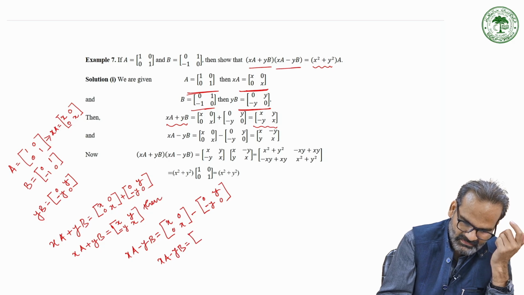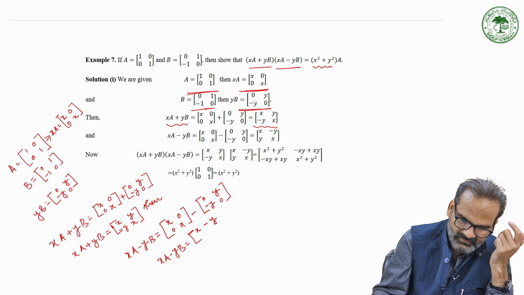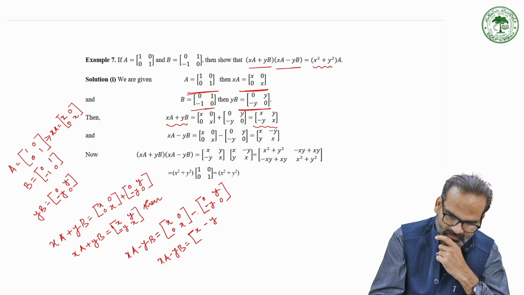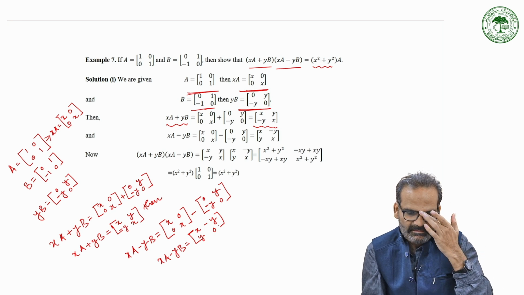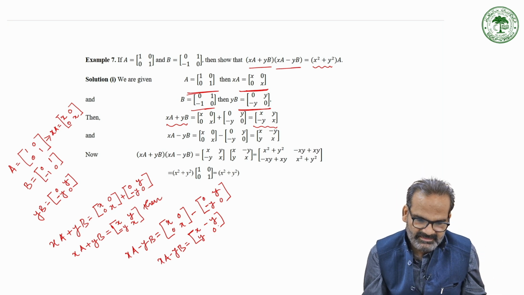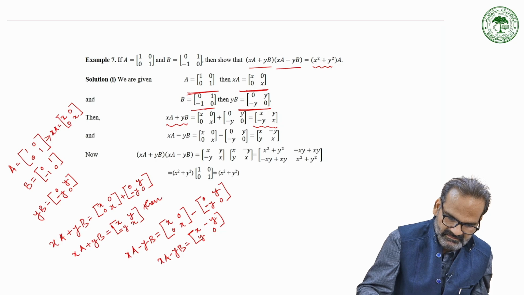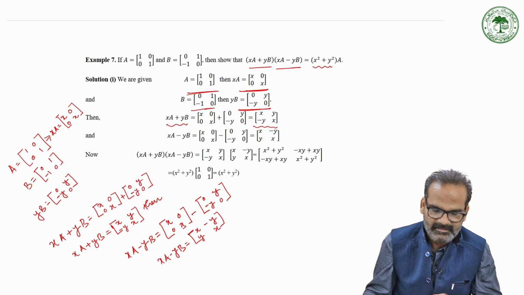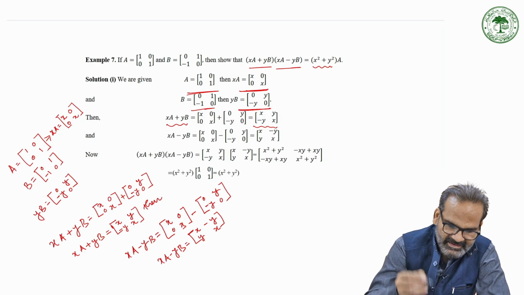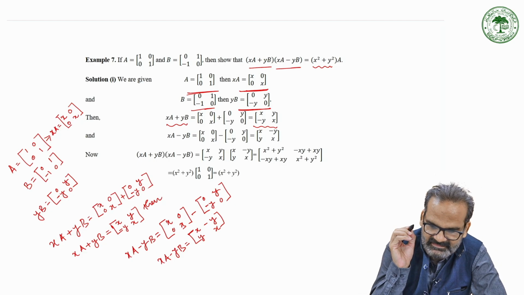X minus 0, here x, 0 minus y, this is minus y, 0 minus minus y, this is plus y, x minus 0, this is x. So XA minus YB is there, XA plus YB is there.